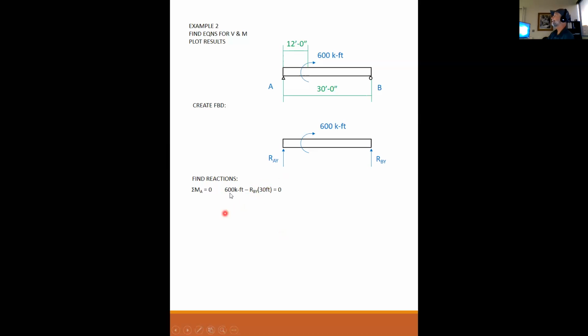So I put my 600 kip feet in there as a positive moment. And then I have my unknown reaction B trying to turn the body counterclockwise. So it's negative times a 30-foot lever arm. If I solve for that, my reaction at B is 20 kips and is positive. So it's in the direction I assumed, which is up. Any questions about that?